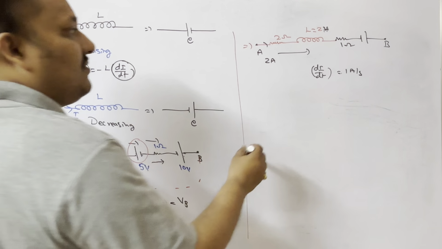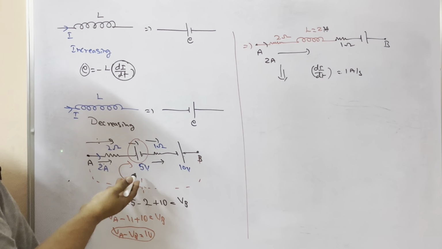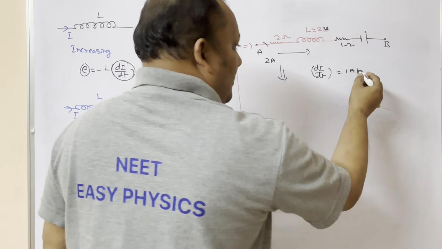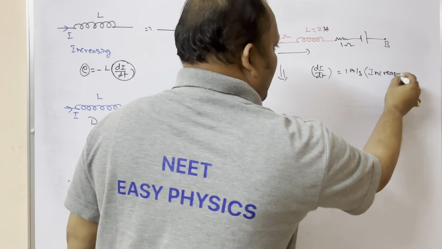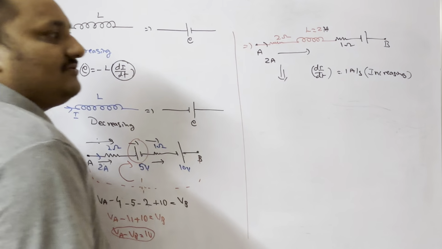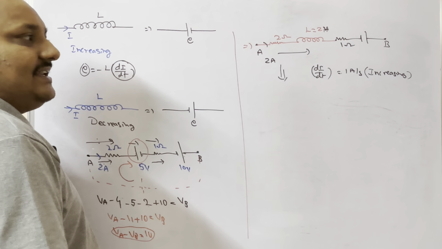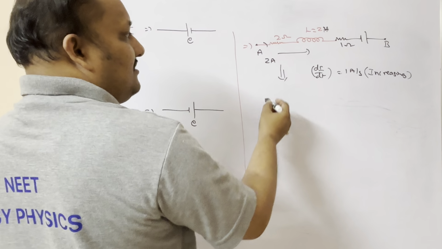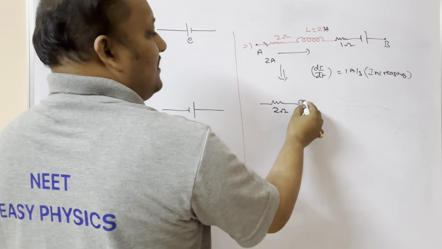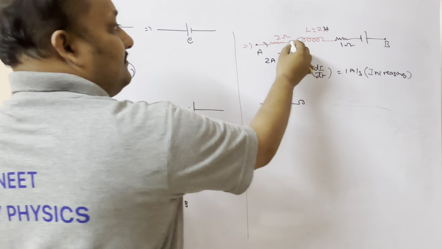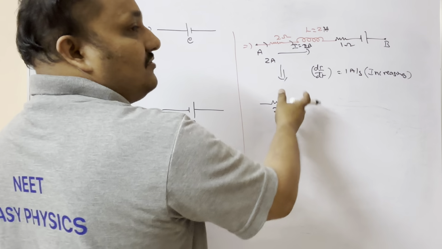At that time, how you have to solve: now this circuit we have to convert like this, very easily. If the rate of change of current is increasing at 1 ampere per second, then 2 ohms. Now this inductor, the current I, which is 2 amperes, is going to increase.